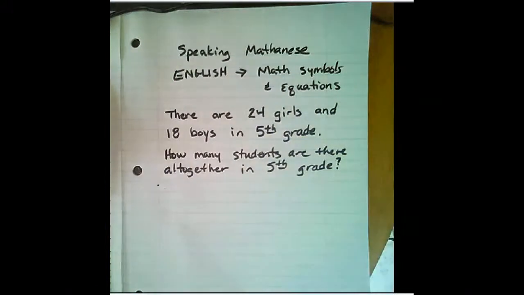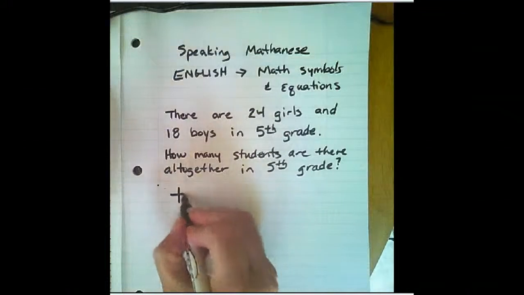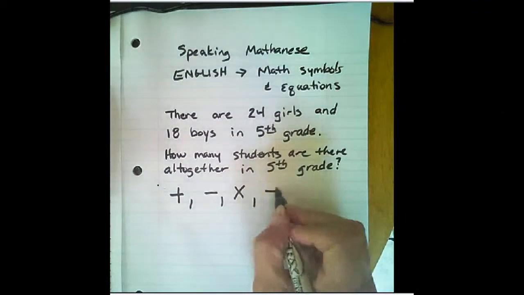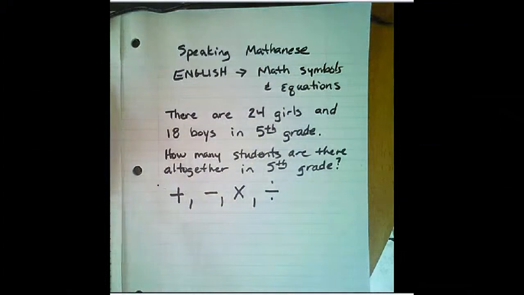When we have that question, we need to stop and say, what is it that they're asking? And what makes sense? Basically, there are 4 different things. We can add, we can subtract, we can multiply, and we can divide.